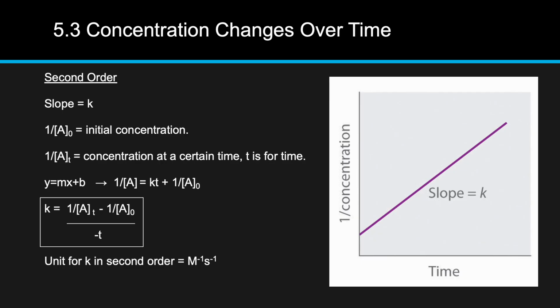Again, we can look at our reference sheet and find our integrated rate law and put that into y equals mx plus b, and we can just solve using slope, or you can isolate k with the equation in the box here on the left. And just remember your units for k in second order is going to be 1 over concentration times seconds, or whatever time value you're using, or you can write it as shown here.